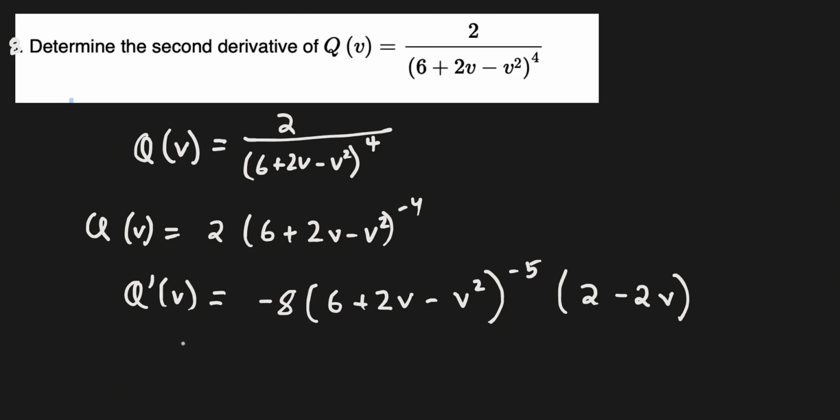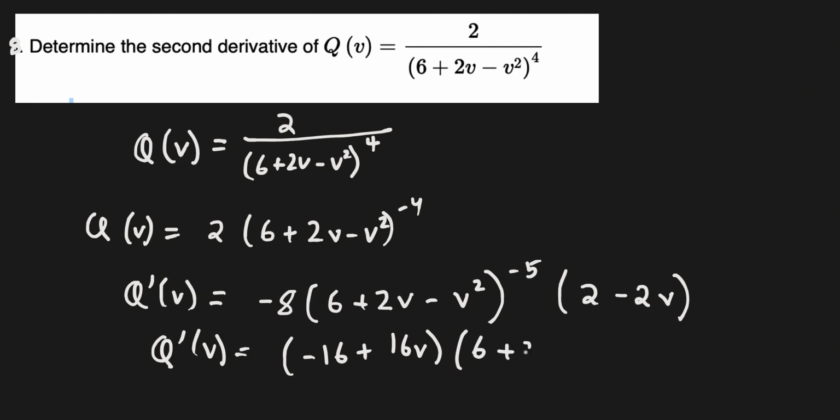Actually, I'm probably gonna combine this. So let's combine this and this. Okay. So that's just gonna be negative 16 plus 16v, divided by 6 plus 2v minus v squared to the fifth power, but times 6 plus 2v minus v squared raised to the negative fifth power, because we're going to write it like this anyway.